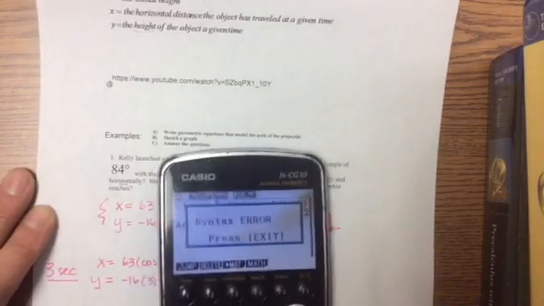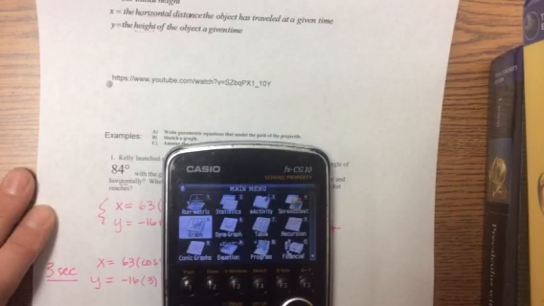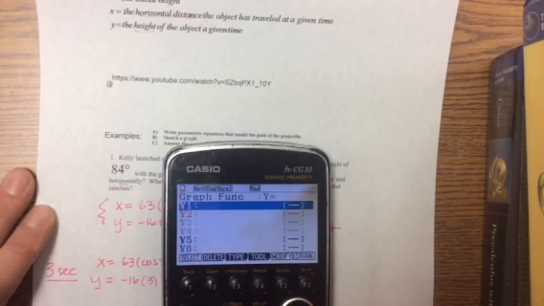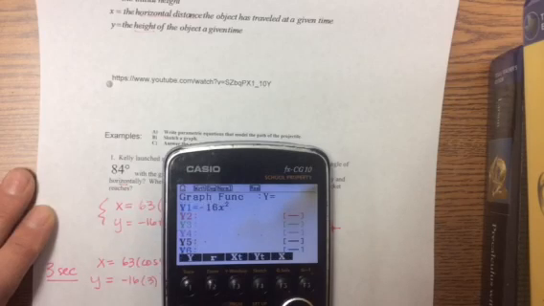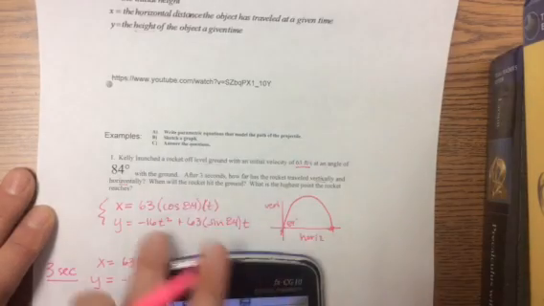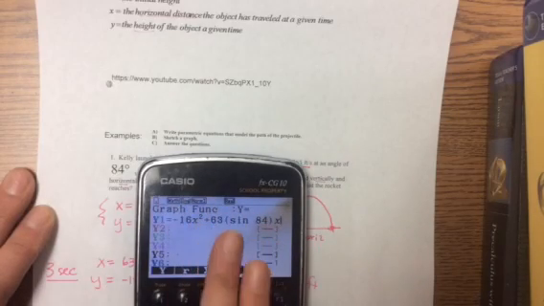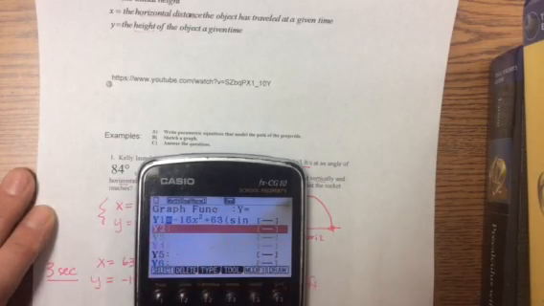So if I put this equation into my graph, I'm going to do my window at standard just to start, and I do negative 16 x squared plus 63 times sine 84 times x, and I don't have an initial height. Now, since I'm just in a normal graph, my x now is time, okay? So I'm not graphing it parametrically, I'm just graphing it normally, so x is time.